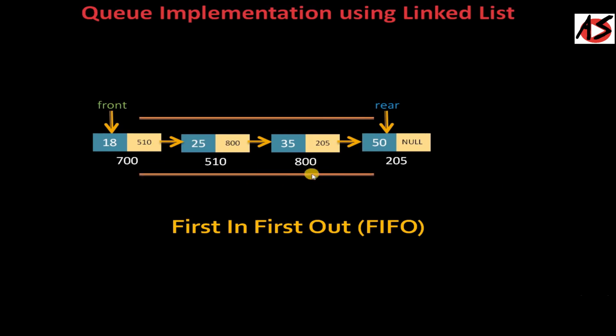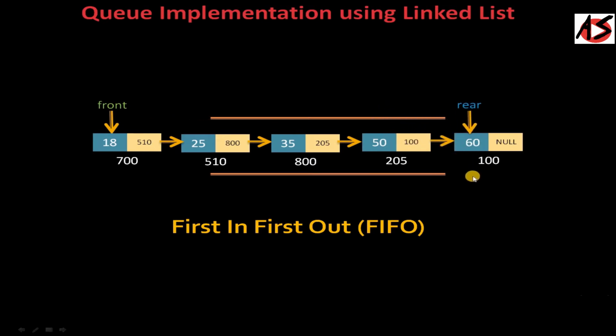Now if you want to insert one more element, you insert it at the rear side and set the data part, say it is 60 here, and the link part, that is null. Now you update the rear link to the new node and call the new node the rear node.